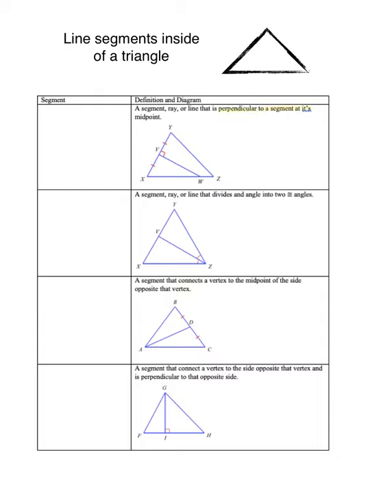Notice YV is congruent to XV. So this would be the perpendicular bisector.